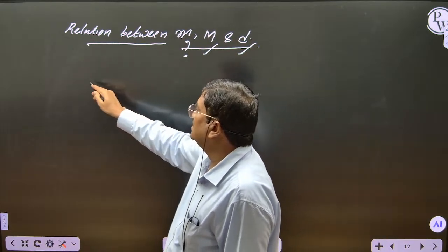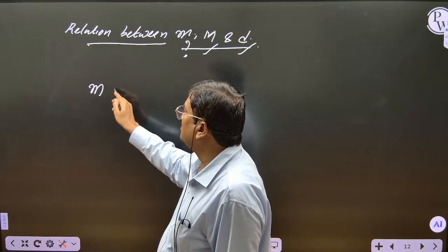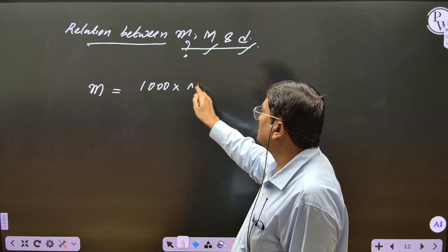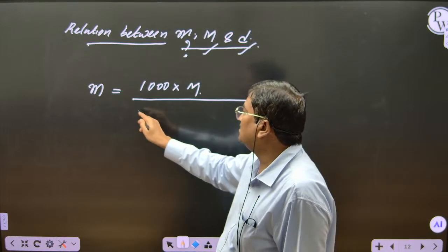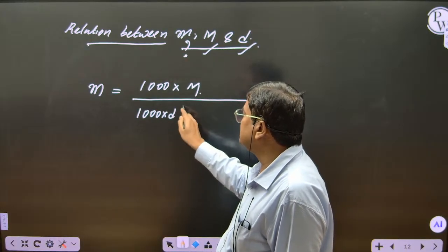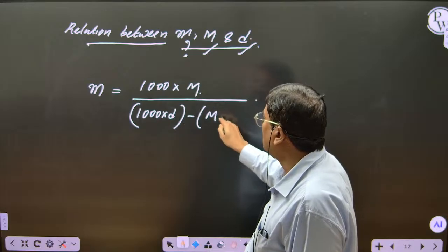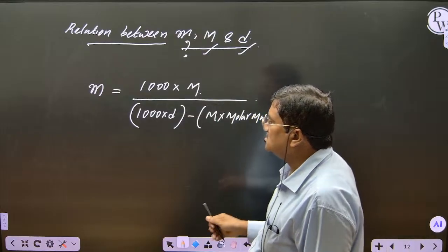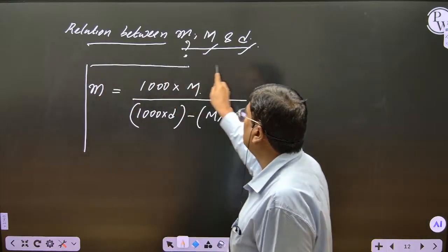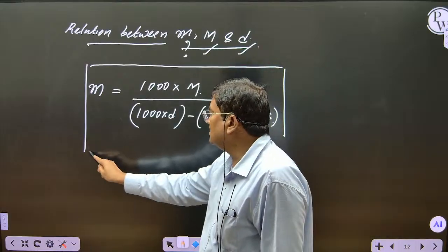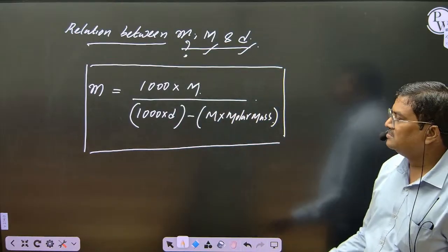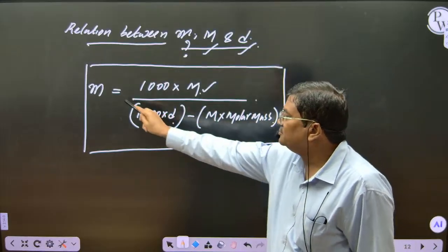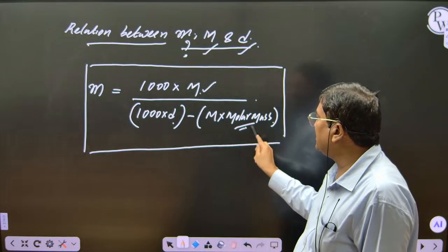There is a relation between these three. Write this relation: molality is equal to 1000 into molarity by 1000 into density minus molarity into molar mass. Molar mass we can find from the substance.